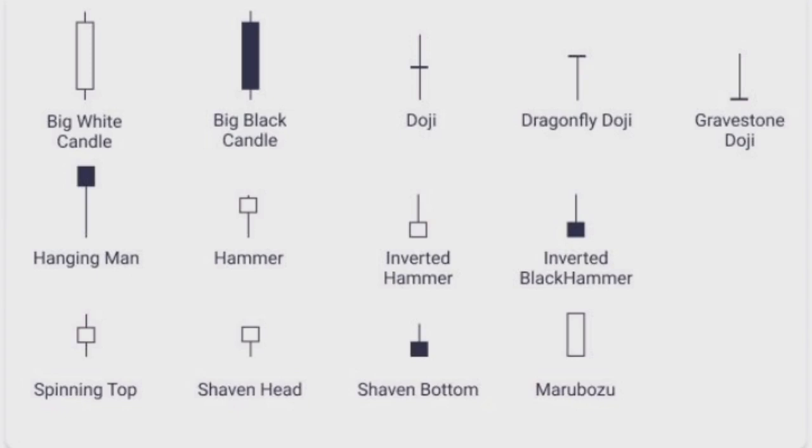You also have other types of candlestick patterns such as the bullish harami, the bearish harami, the tweezer top and tweezer bottom. You also have the morning star and the evening star. So all these candlestick patterns, like I said, when they are formed at key levels, they give you confirmation to enter a trade.